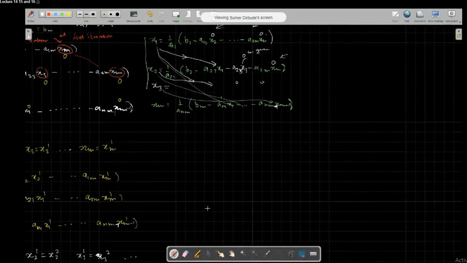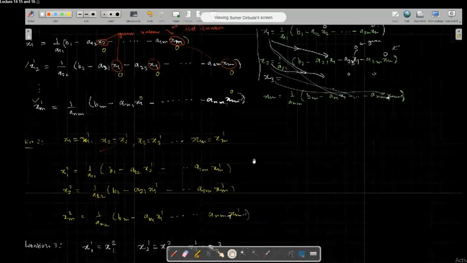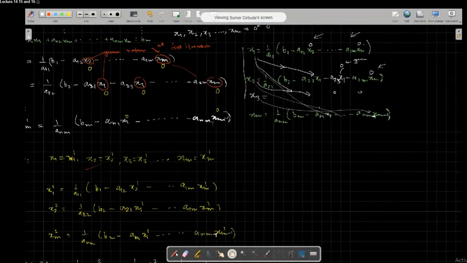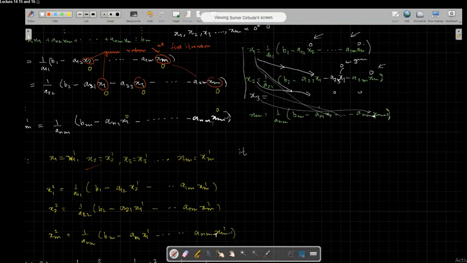So now in the next iteration, iteration number 2, our guess values will become x1^1, x2^1, x3^1, so x1 will become x1^1, x2 will become x2^1, and x3 will become x3^1, like that.